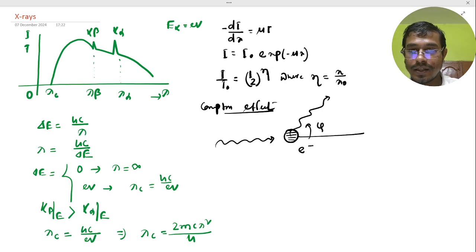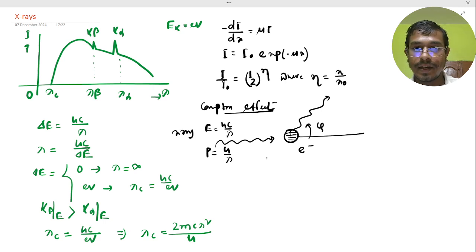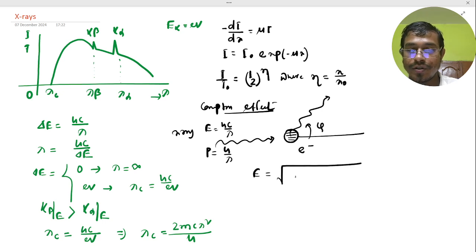So basically the electron has momentum p equal to h by lambda, and for the X-ray beam the energy is equal to hc by lambda. So basically here we get the relation: energy squared equals p square c square plus m naught square c to the power 4.